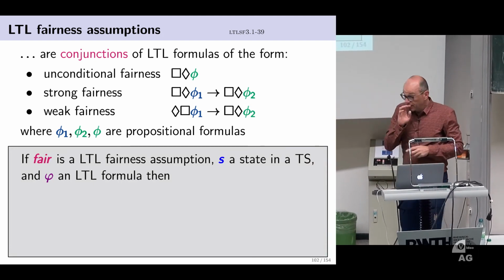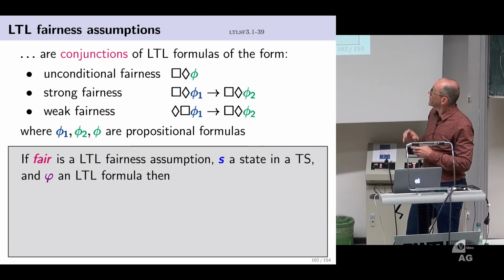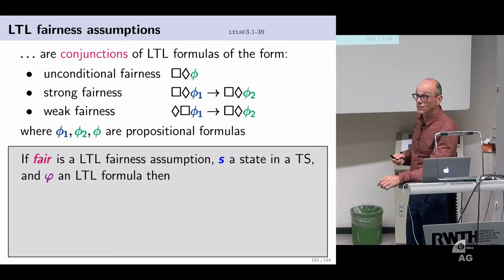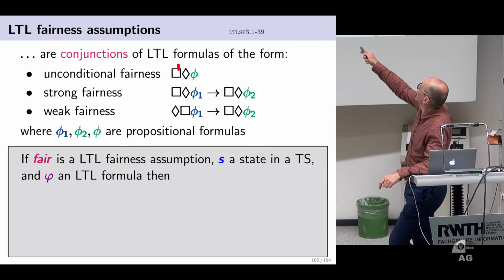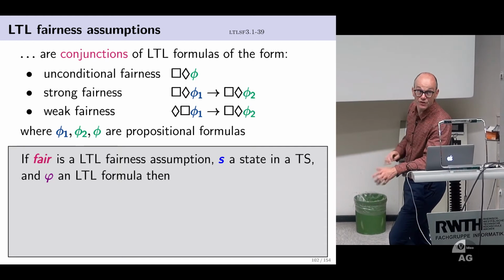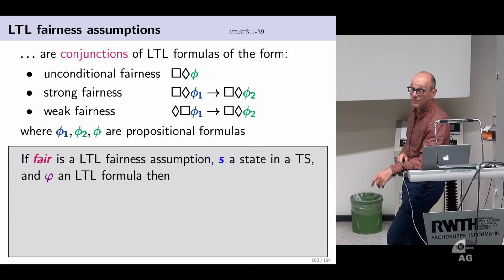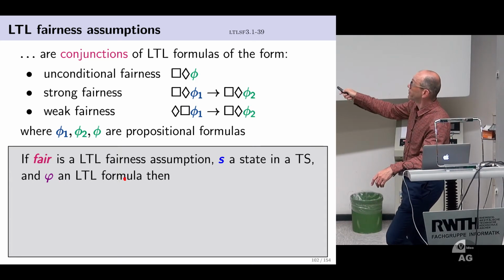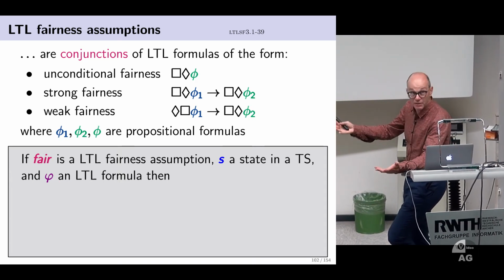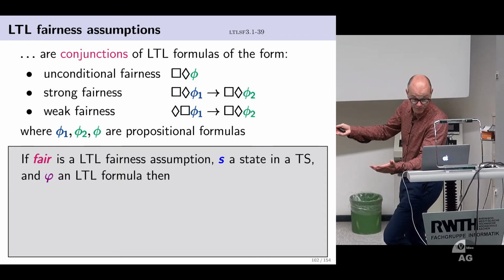Good, and now we can define the following. Take such a fairness assumption, so you take a formula of one of these three different syntactic formats. You pick a state in my transition system, and you have an LTL formula that my transition system needs to fulfill.